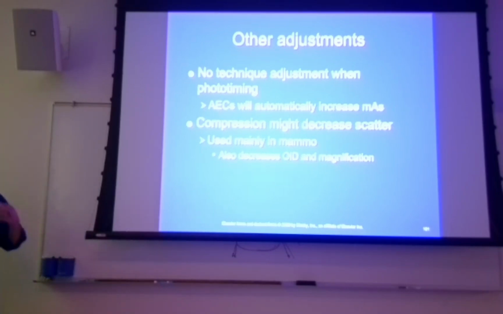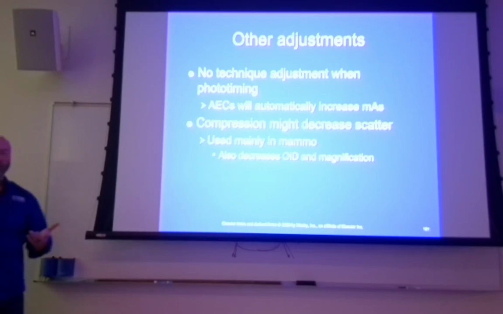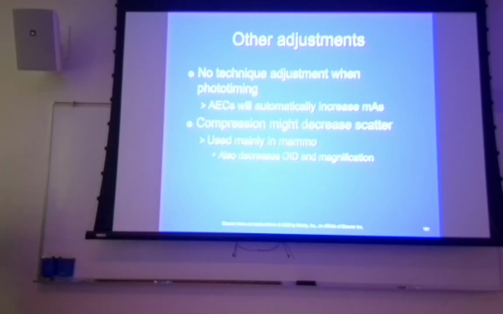Because what's controlling your exposure to the image receptor? Your AECs, right? What's controlling the contrast and density on your image? The algorithm, right? So theoretically, you shouldn't have to adjust anything whenever you're using AECs.